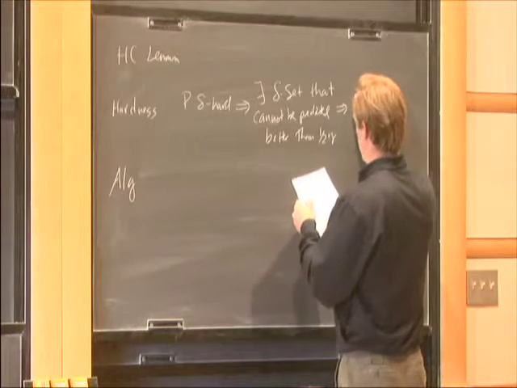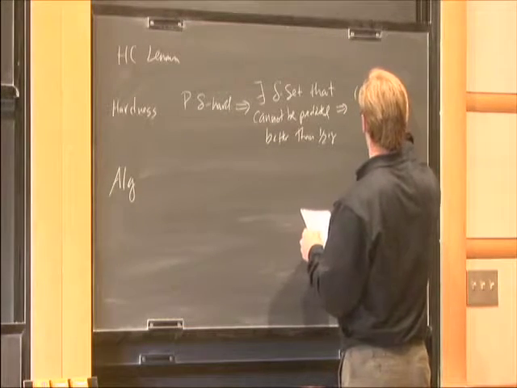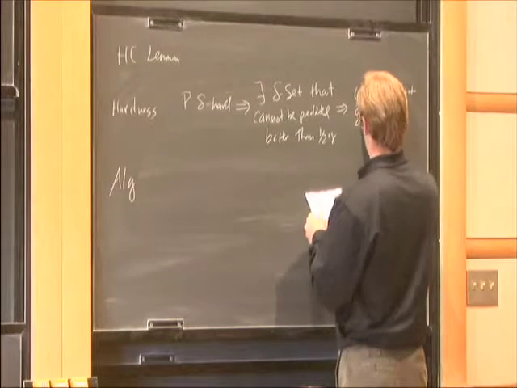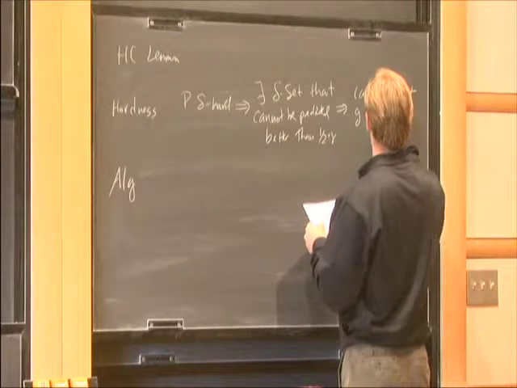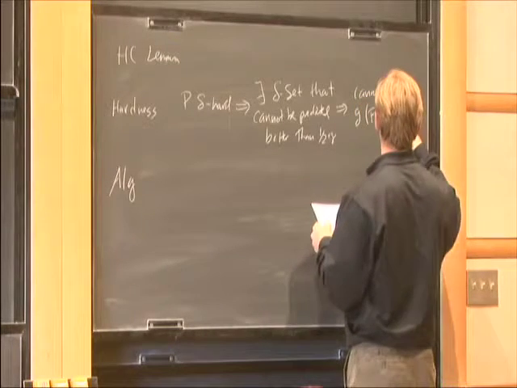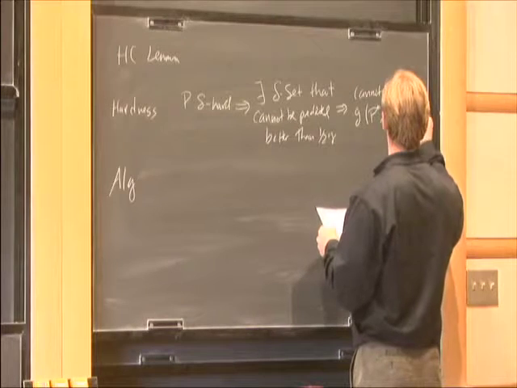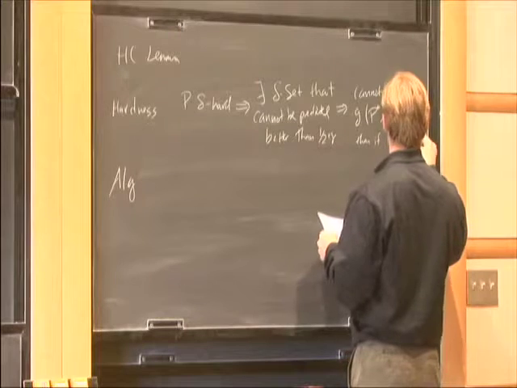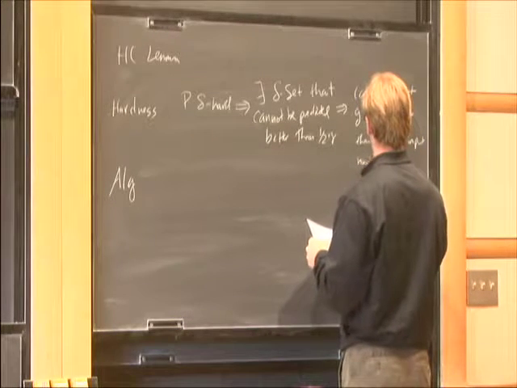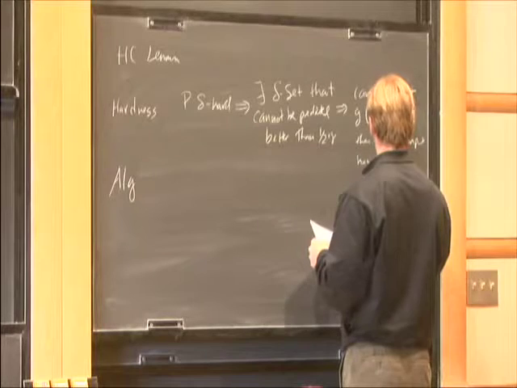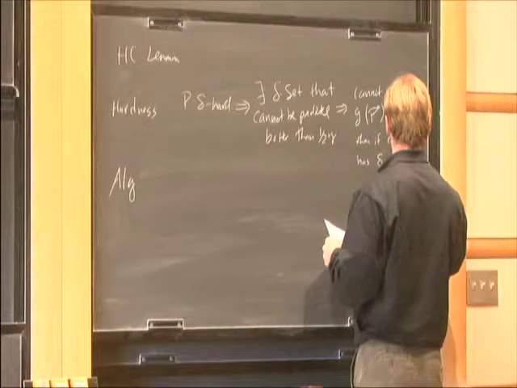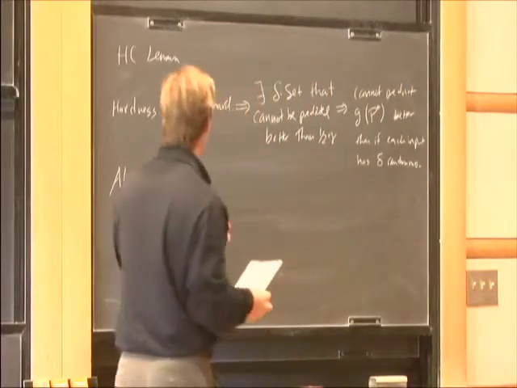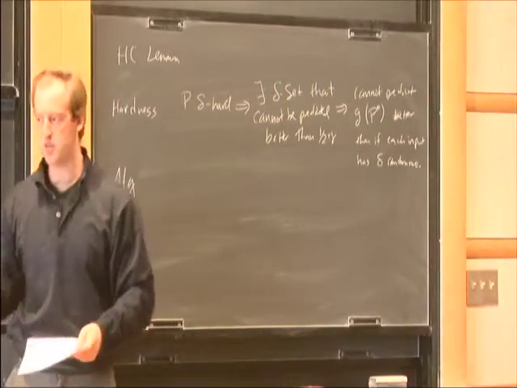And then you can use this to show that you cannot predict, say, G of P to the K better if... Okay, so it says that there exists this delta set of inputs that's actually really hard.